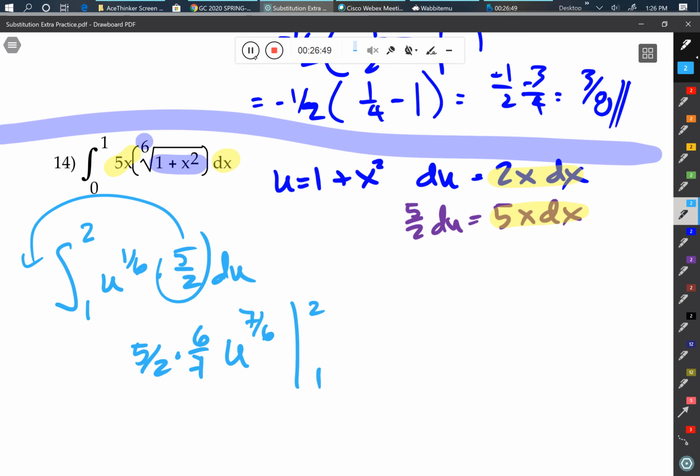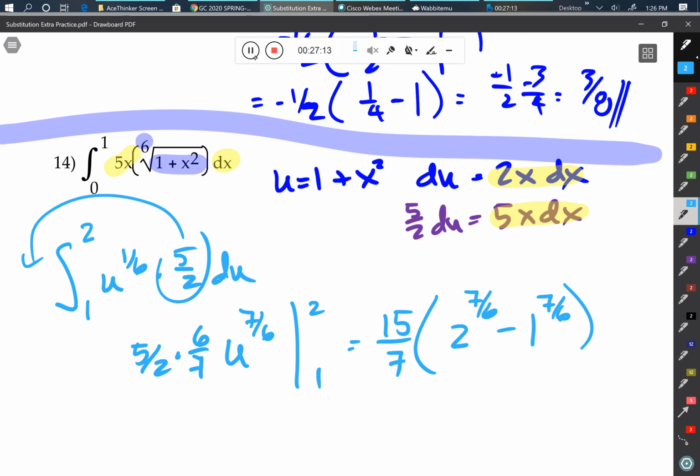Let's see, if I clean that up a little bit, what's that going to give me? 5/2 times 6/7 is what, 15/7? Cancel the 2 and the 6, make it a 1 and a 3, so denominator is 7, numerator is 5 times 3, 15. Multiplied by 2 to the 7/6 minus 1 to the 7/6. I have no clue what 2 to the 7/6 is.